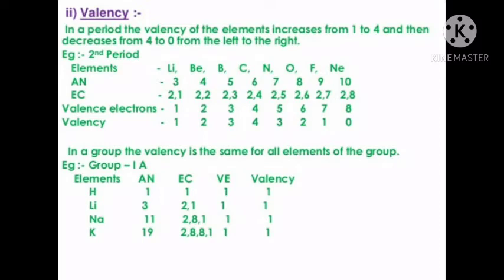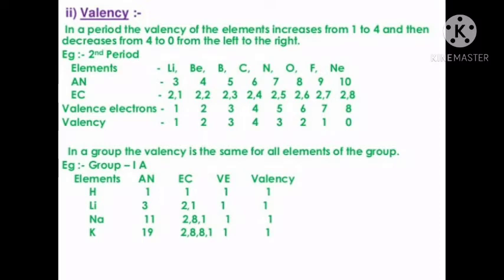Atomic numbers: lithium 3, beryllium 4, boron 5, carbon 6, nitrogen 7, oxygen 8, fluorine 9, neon 10. The electronic configuration: 2,1; 2,2; 2,3; 2,4; 2,5; 2,6; 2,7 and 2,8. Valence electrons are 1, 2, 3, 4, 5, 6, 7 and 8 respectively.